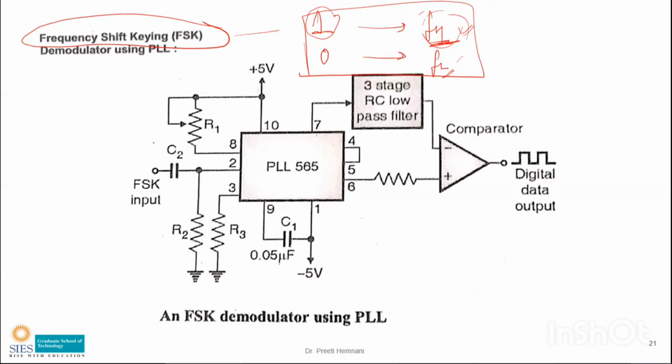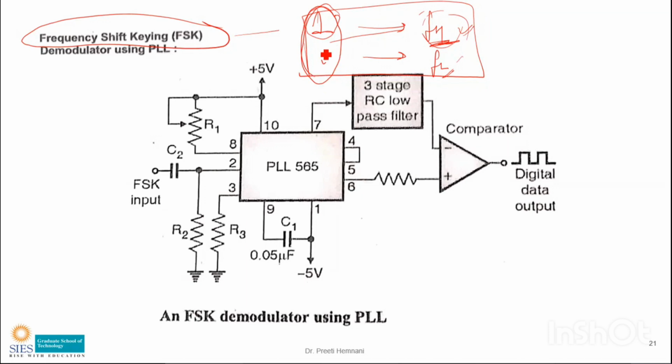When I say frequency shift keying, that means with a key being 1 or 0, your frequency is shifted. Why is it called frequency shift keying? With a switch, a key, when the key is closed, that is 1, on, binary 1, the frequency will be increased.